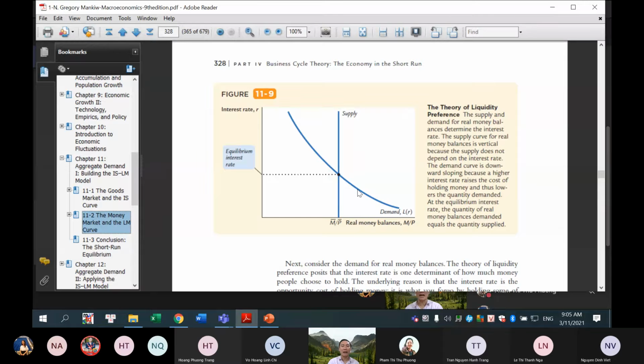And the interest income we lose is very small, so it's no problem for us. So that is the equilibrium of the money market.